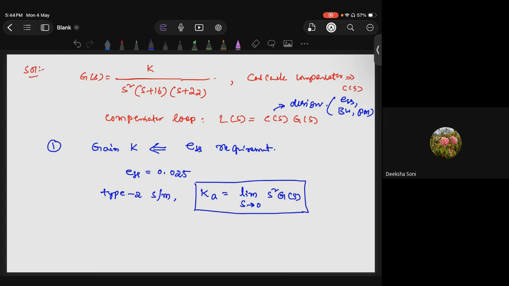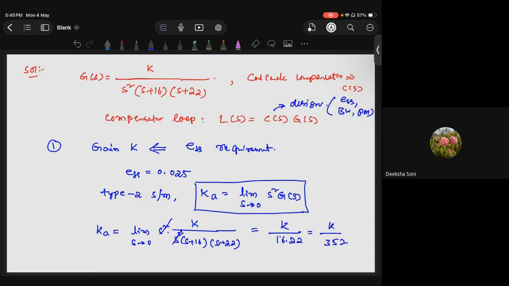Hope this is clear. Let us substitute the values. Ka equals the limit as s tends to 0 of s square G of s, which is K by s square multiplied by s plus 16, s plus 22. As s tends to 0, the s squares get cancelled, leading to K by 16 multiplied by 22, that gives K by 352.